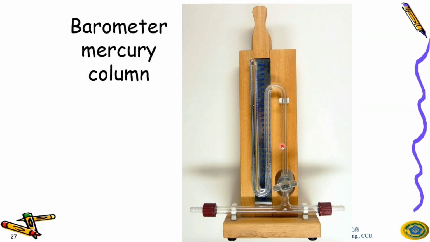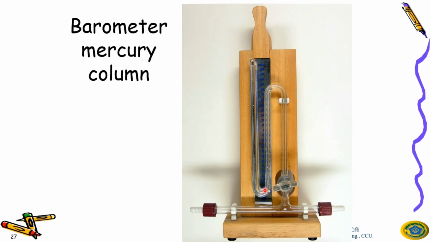Sometimes the atmospheric pressure will be higher, sometimes lower. We call it high pressure or low pressure, right? It's quite good. So this is what we call a barometer.